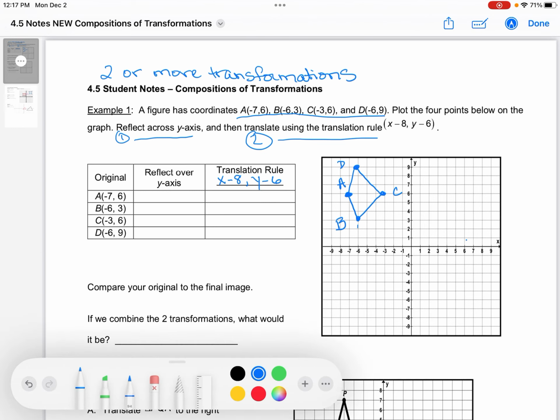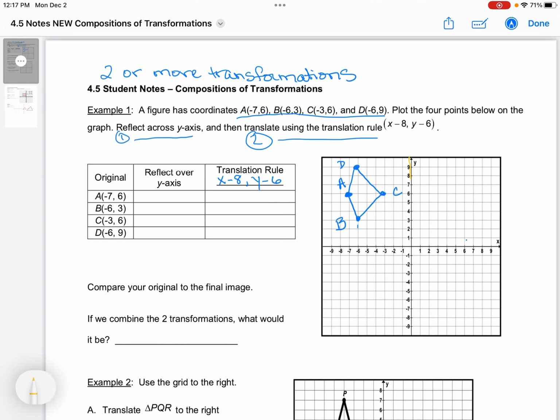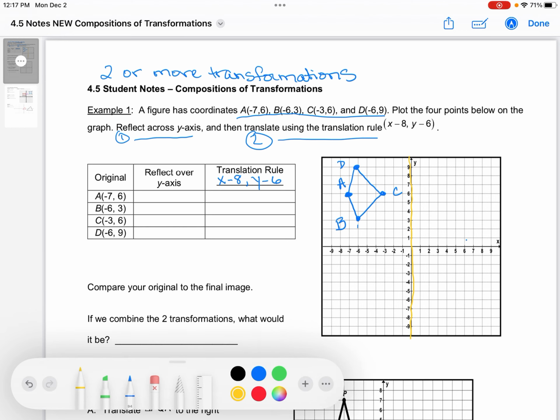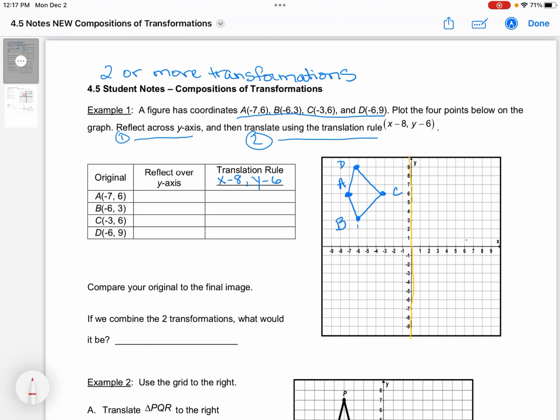All right. So if I'm reflecting it over the y-axis, here's the y-axis. And my rule for reflecting over the y-axis is negative x, comma, y.